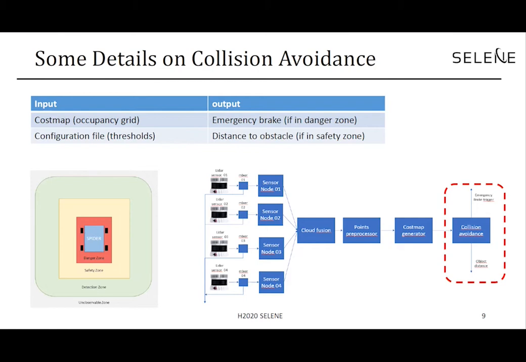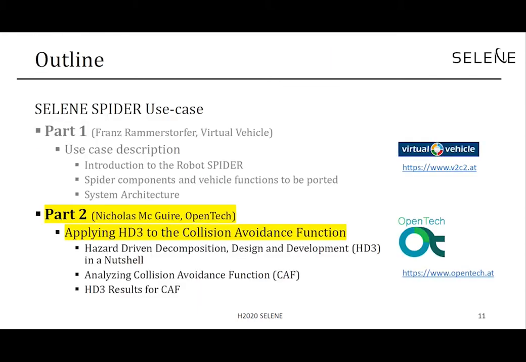All the other things like the LiDAR pipeline and the cloud fusion and pre-processing stuff will still run on the high-level control unit. So just this little red square on the right-hand side will be analyzed. Just to be clear. Okay. So that's all from my side, and I will hand over to you, Nicolas.